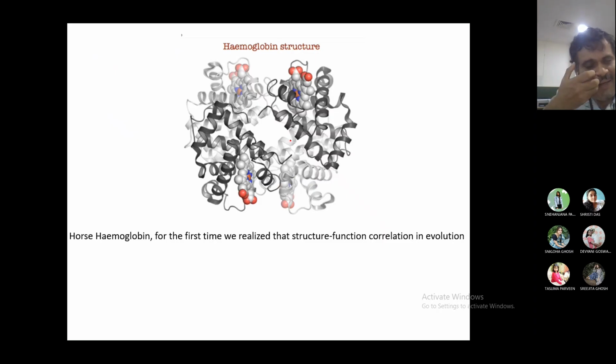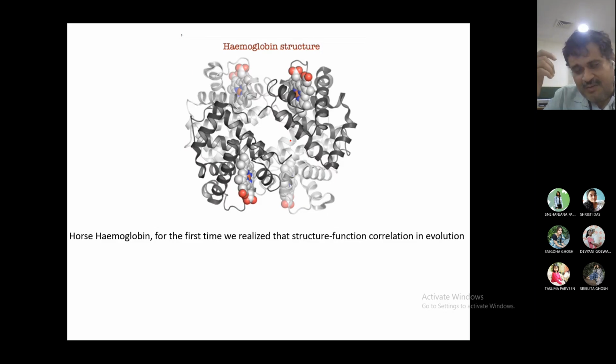So that led to the foundation of the theory that they all originated from a common ancestor with a purpose of carrying oxygen. So due to evolution at a later time point, the hemoglobin and myoglobin got differentiated, one became a tetramer and one remained a monomer.